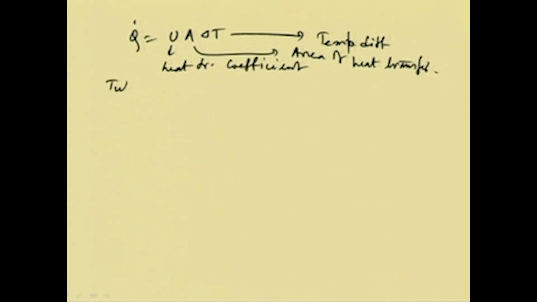Now, tube sizes, there are some standard sizes of tubes available for heat exchangers. So, this is usually 3 by 4 inch, 1 inch, 1 by 4 inch, then 1 by 2 inch. So, these are the typical sizes of the tubes.